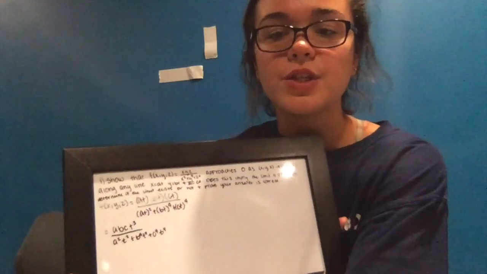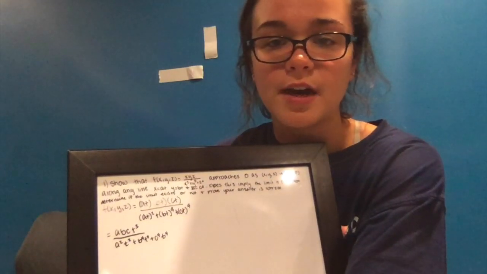From here we can factor out a t squared on the bottom of the equation, which I'm going to do. So you have abc t cubed over a squared plus b to the fourth t squared plus c to the fourth t squared, all times t squared. So we just took out a t squared and that left the a squared by itself on the bottom.